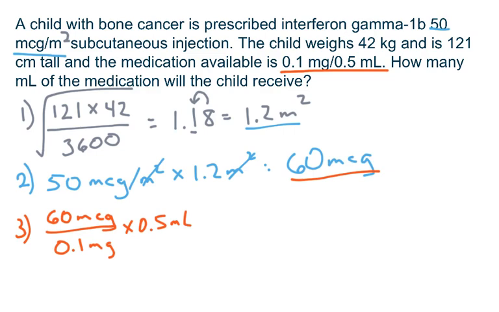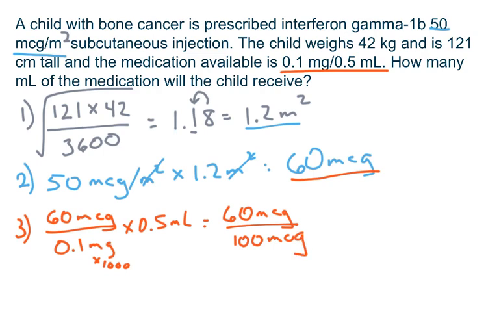Now notice our units do not match. So I'm going to multiply the bottom one times 1,000 to change it into micrograms. Please know you could change the top one as well. If I change the bottom one, I keep the 60 micrograms as what's ordered, over 0.1 times 1,000, which should be 100 micrograms.